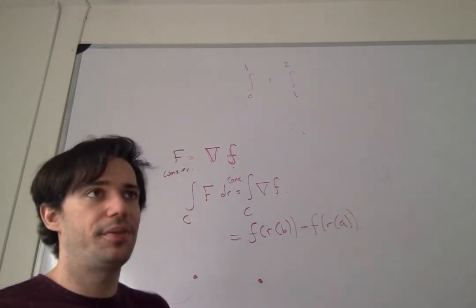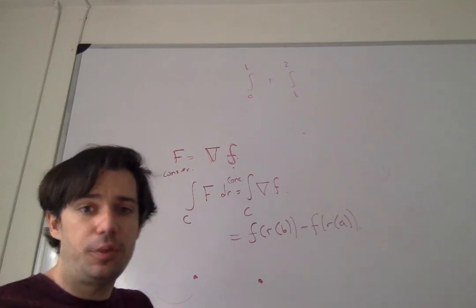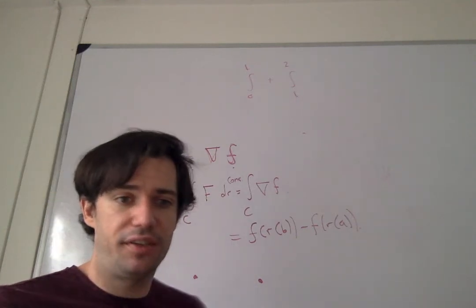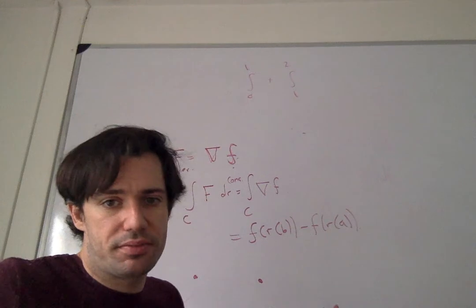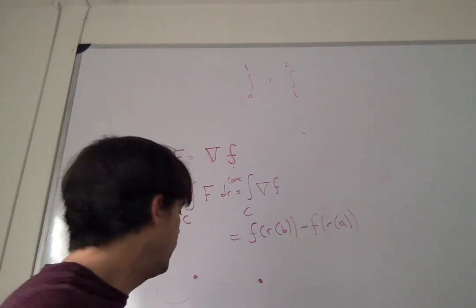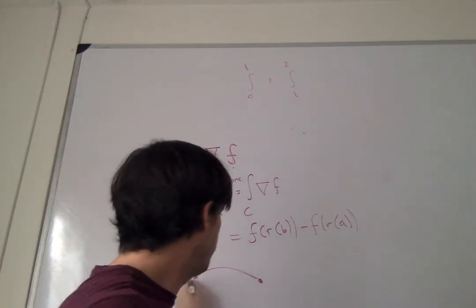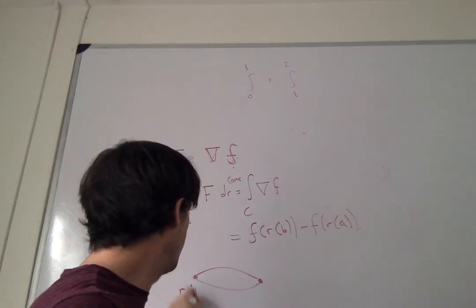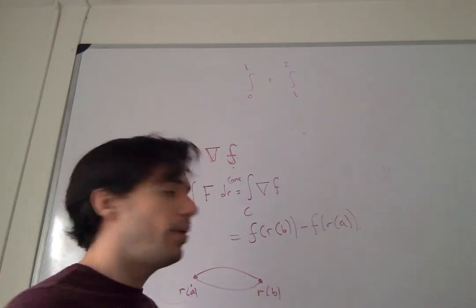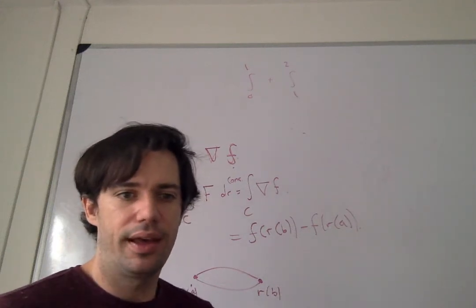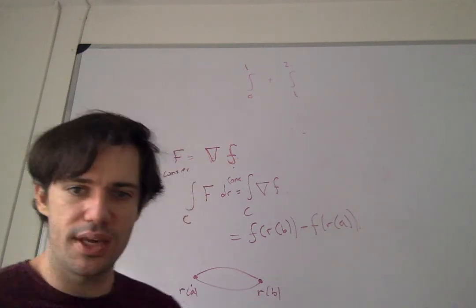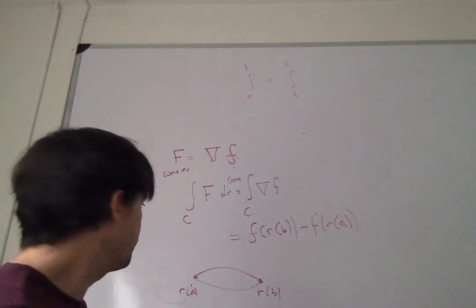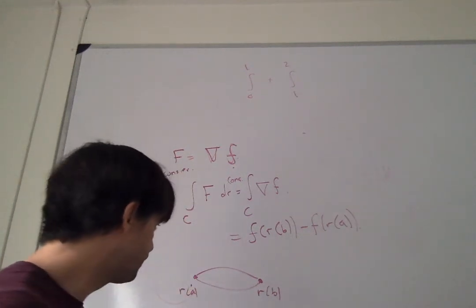So in order for that to be shown, we have to consider two integrals that share the same starting point and ending point. Otherwise, there's nothing to be shown, right? So let's consider two paths that start at r(a) and r(b). Remember, a and b are like time, and r(a) is a point P and r(b) is a point Q. So you have these 2 points.